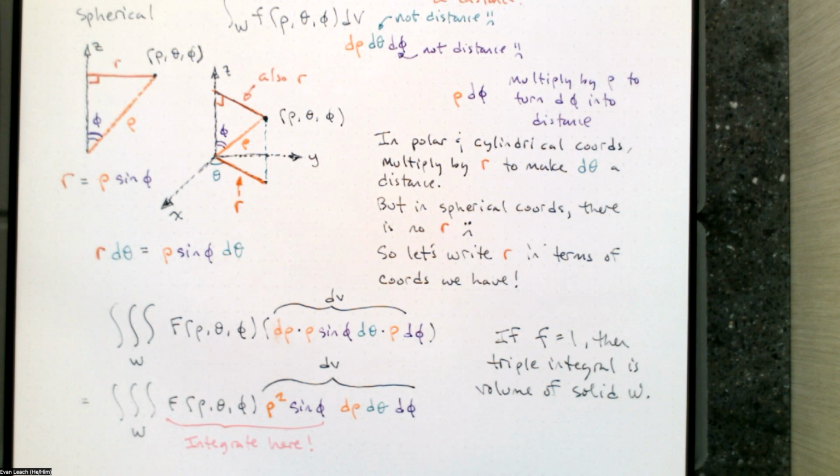If we make a double integral of the function 1, we get the area of the region. If we do a triple integral of the function 1, we get the volume of the solid W.